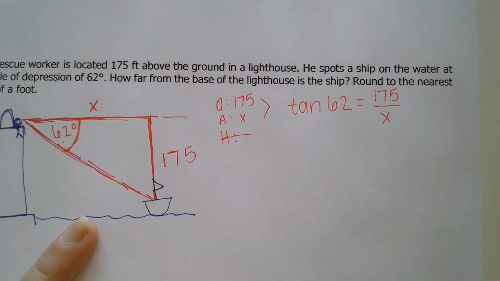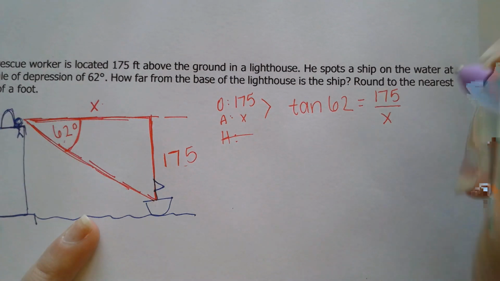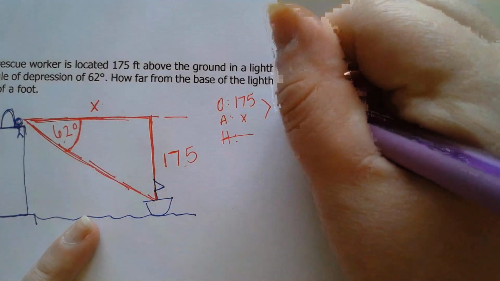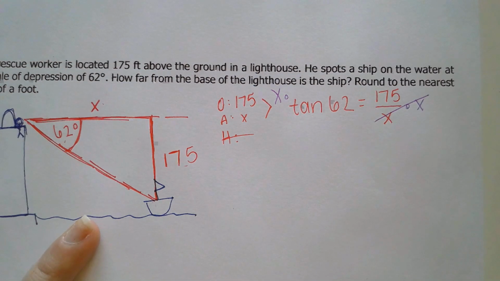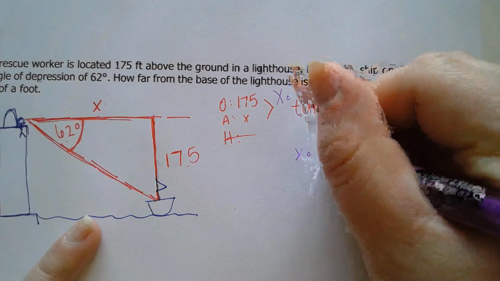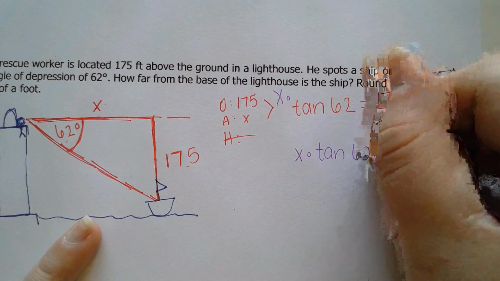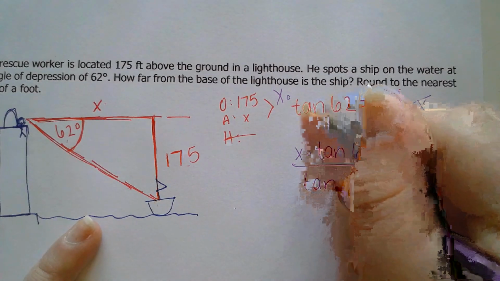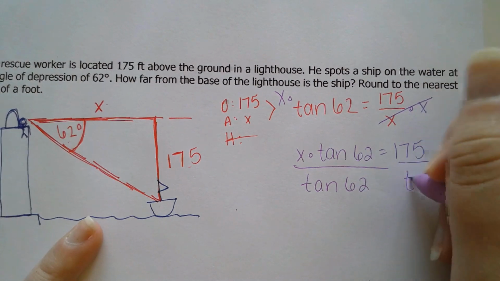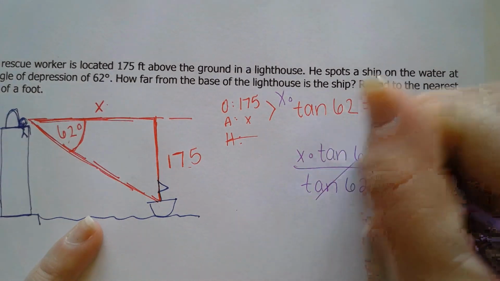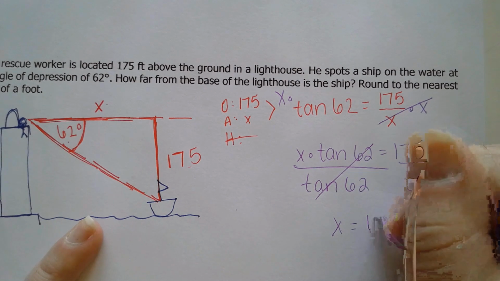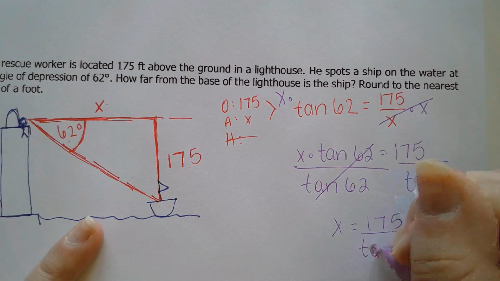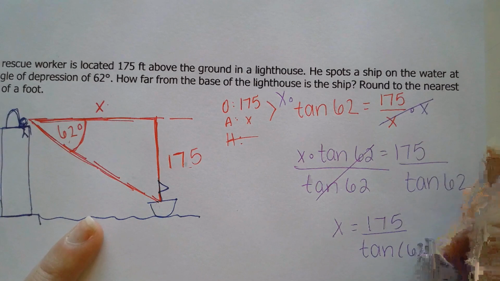So I'm going to multiply by x first to get rid of my denominator. I have x times tangent of 62 equals 175. And now I'm going to divide by tangent of 62. x equals 175 divided by tangent of 62.